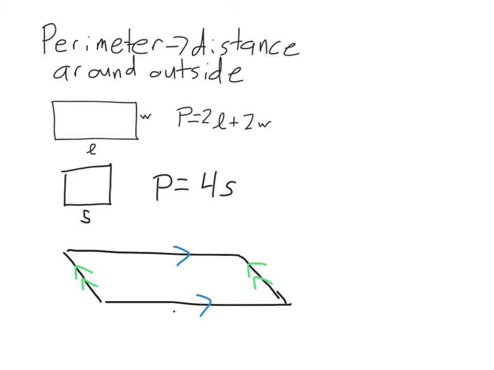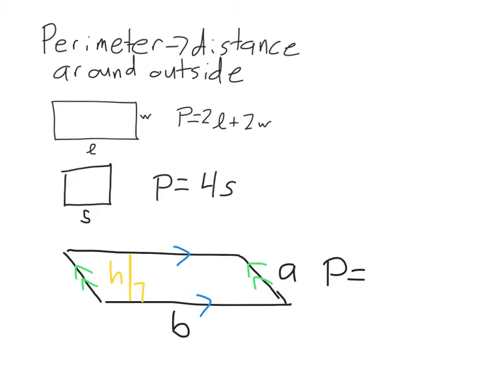Okay, for parallelograms, they have a base and they have a side. We're going to call this side A. All right? And a lot of parallelograms will also have a height given to you. So say they draw a line straight from the top to the bottom and give a height h. Now, if I were to find the perimeter of the parallelogram, one of those values doesn't matter to me.